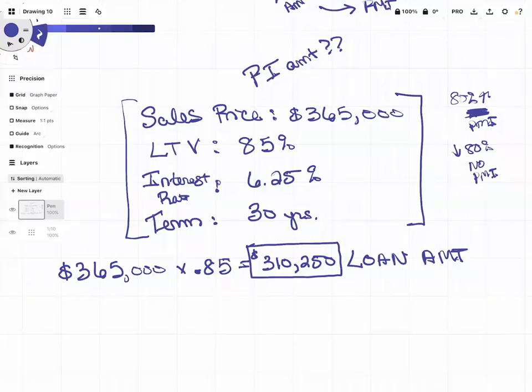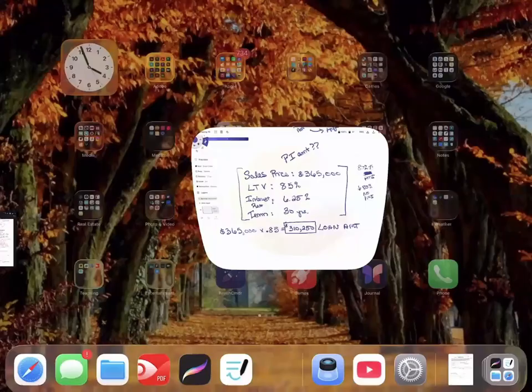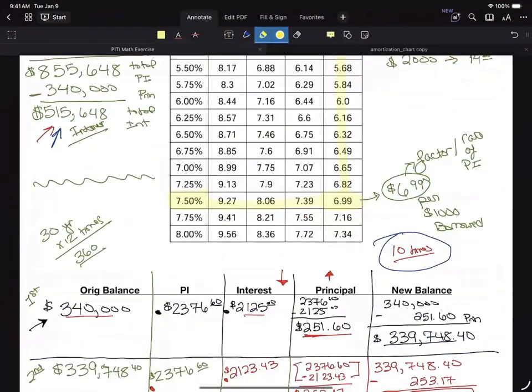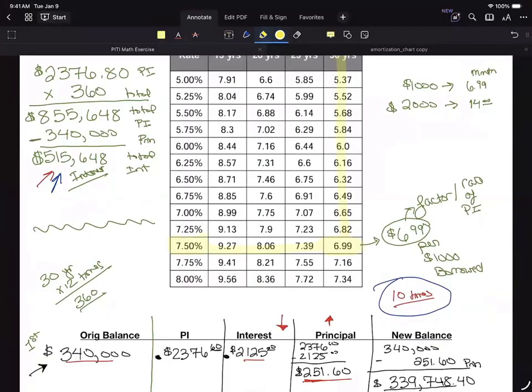You need that factor. Exactly. Where do we get the factor from? From our chart. We can go back to this chart. So we said 6.25 for 30 years.